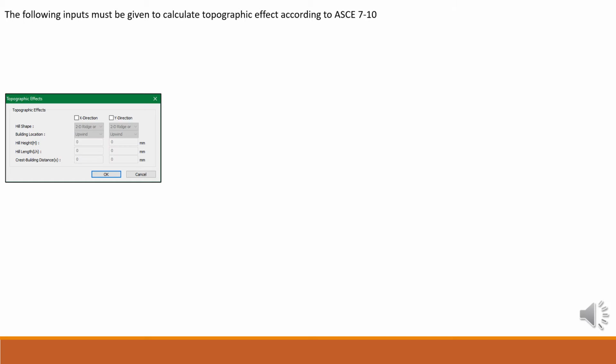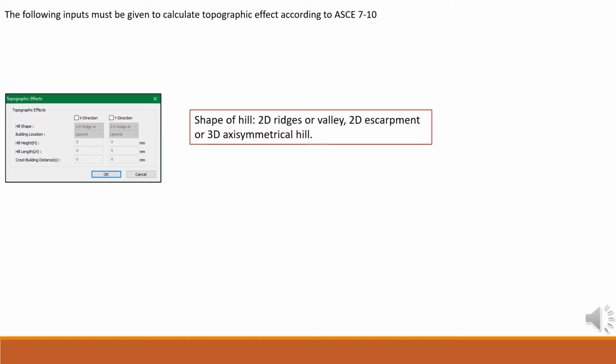The following inputs must be given to calculate topographic effect according to ASCE 7-10. First one is wind direction. Second one is shape of hill. It can be 2D ridges or valley, 2D escarpment, or 3D axisymmetrical hill.